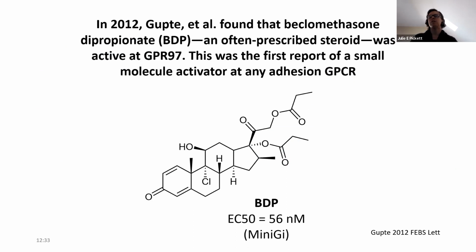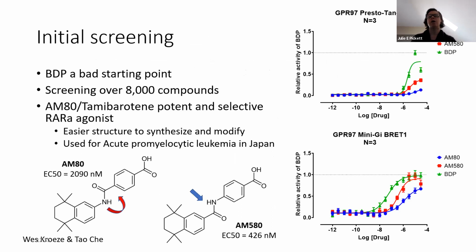In our lab, Wes and Tao, as part of general screening of libraries, screened over 8,000 compounds at GPR97 and got a hit in the form of this compound, AM80, also known as tamibarotene, which is a potent and selective retinoic acid receptor alpha agonist.